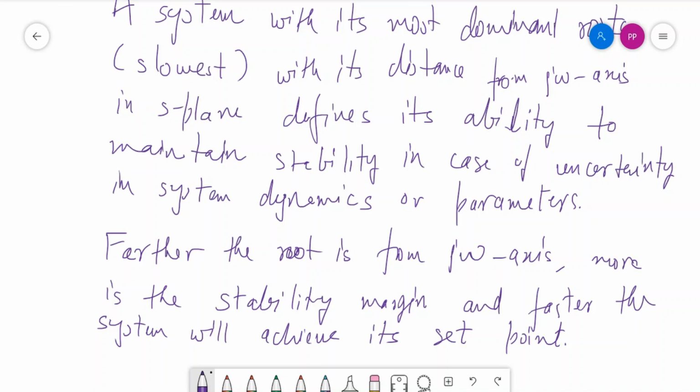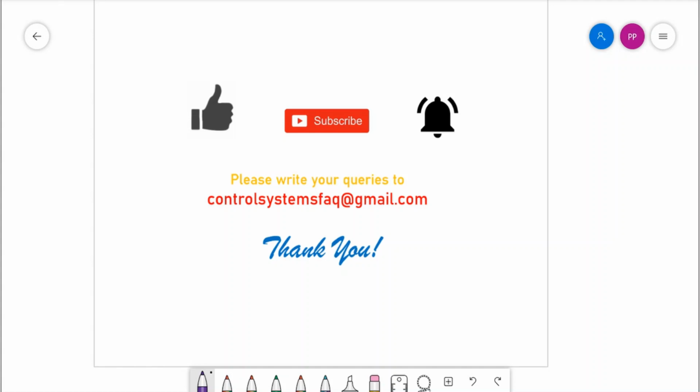So with this we wrap up with the relative stability parameters in the frequency domain, and in the coming session we'll start learning about the Routh-Hurwitz stability criteria. So in this video lecture we have discussed some stability related topics and the effect of parameter changes in the system, and again the impact on the gain and phase margin with the pole placement on the S-plane.